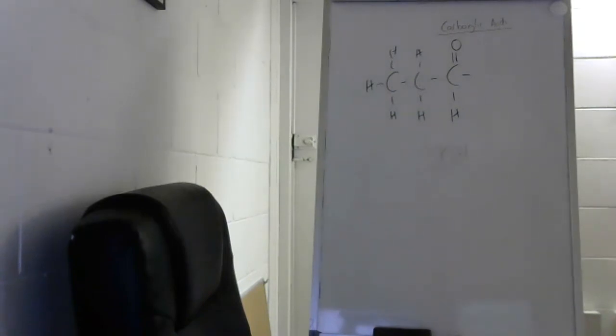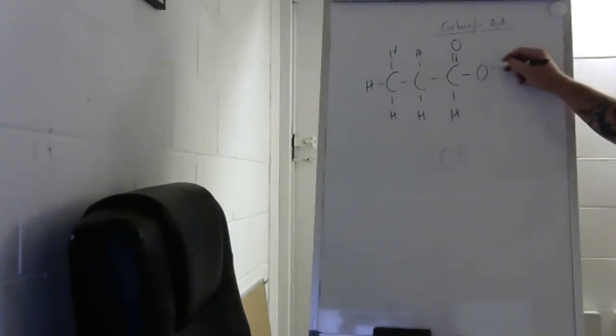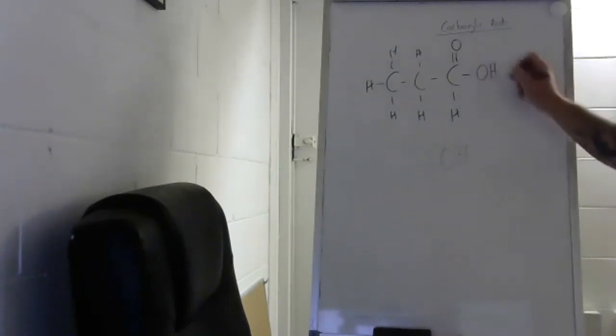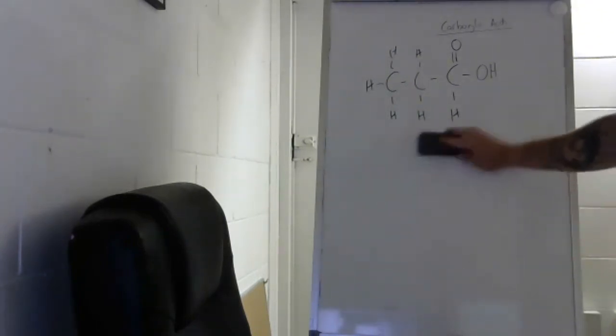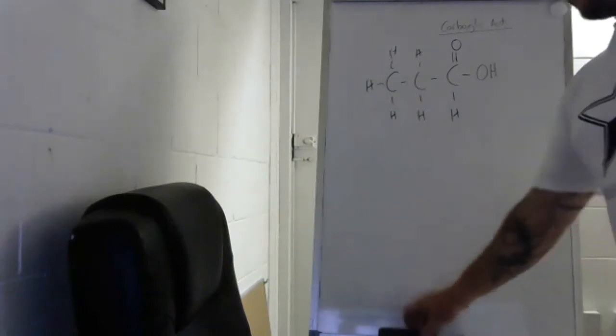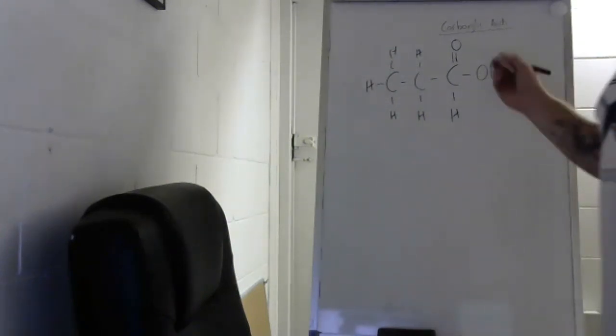So it has this double bonded oxygen, but then on the end it also has OH. And guess what? We name it the same way as others. If you're not 100% sure on the functional groups, don't worry. You're going through them in class, you're going through them here, and just read them until you cry, and then keep reading them. So we name it exactly the same.